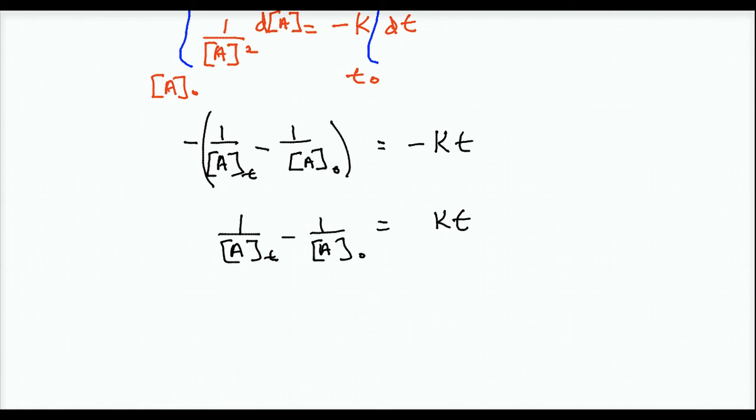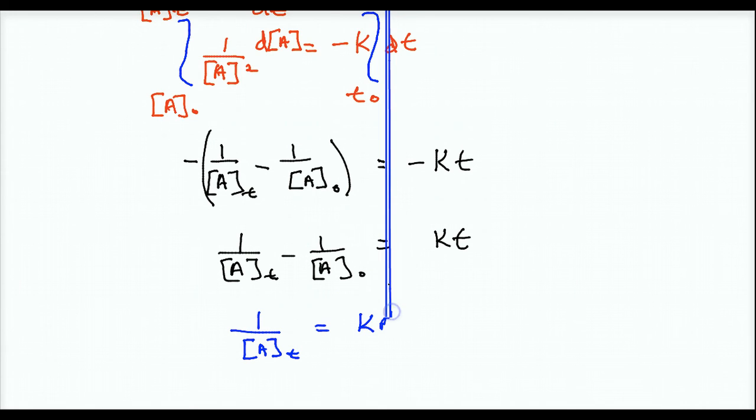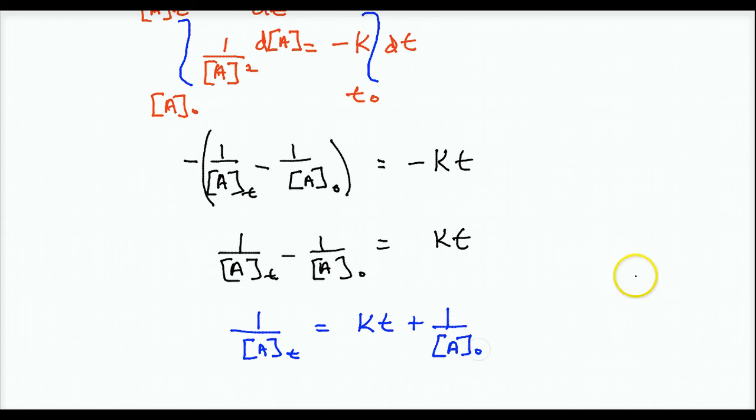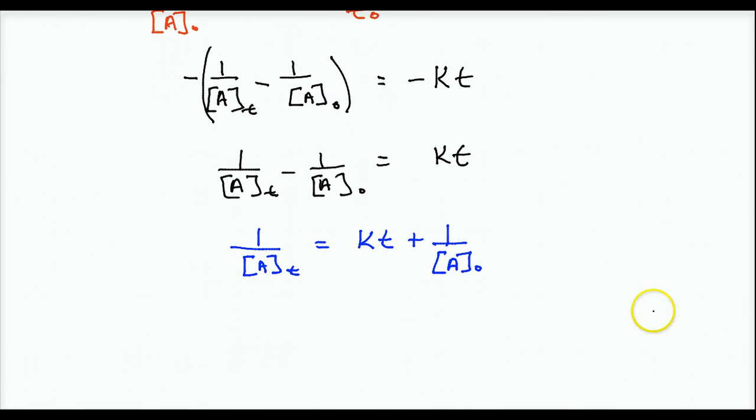If you want to rewrite it, 1 over the concentration of A at t equals kt plus 1 over A at 0. And when we do that, we get our y equals mx plus b.